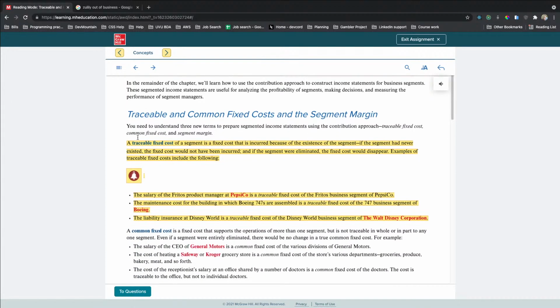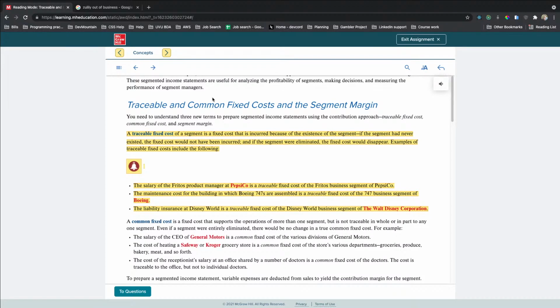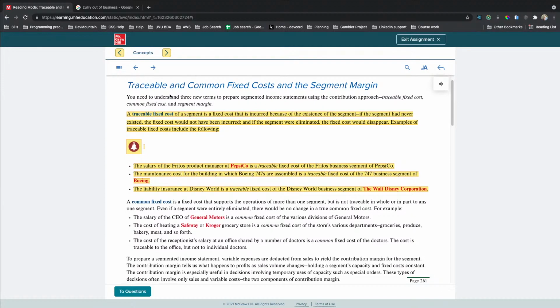In the remainder of the chapter, we'll learn how to use the contribution approach to construct income statements for business segments. These segmented income statements are useful for analyzing the profitability of segments, making decisions, and measuring the performance of segment managers. Traceable and common fixed costs and the segment margin.